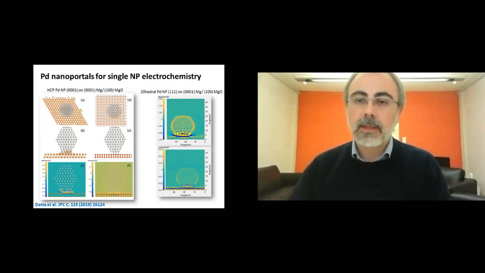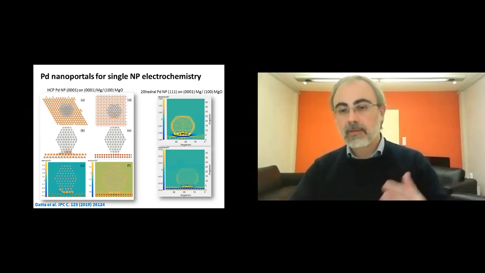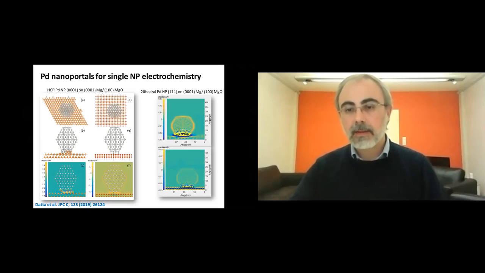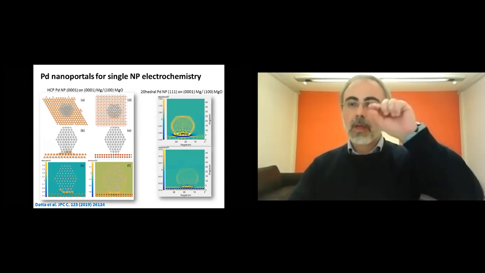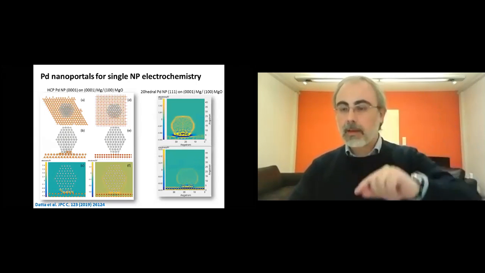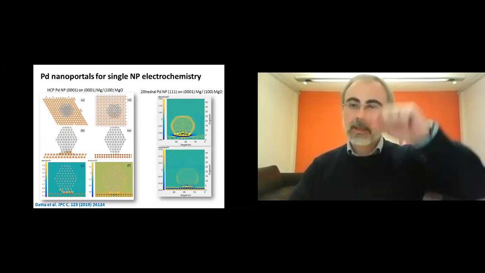And as you can see, when we have the palladium nanoparticle on the magnesium film, the charge distribution is very much distorted at the interface, and it acts as a voltage along the thickness of the magnesium film, and helps the movement of charge carriers inside the film.